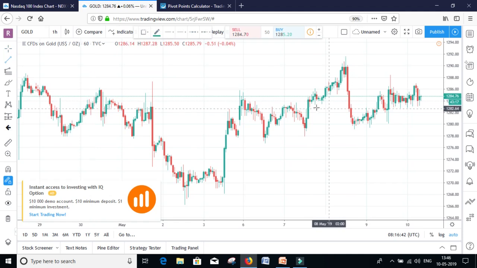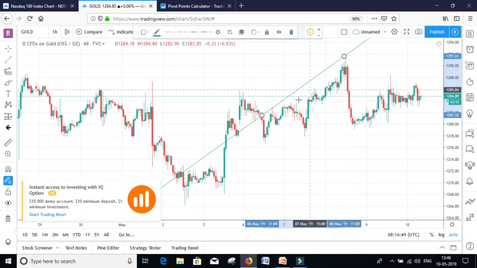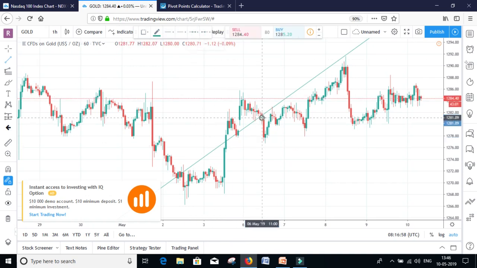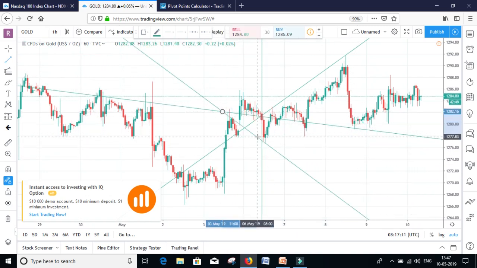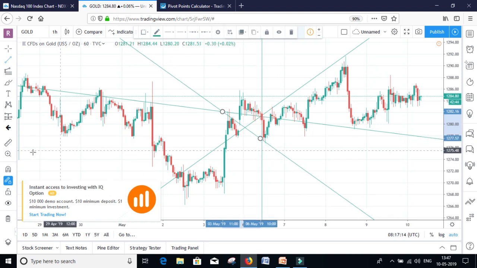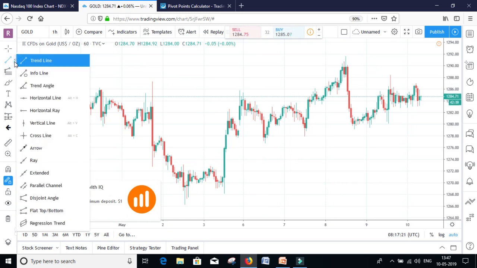We can just plot a simple line, that is a trend line.